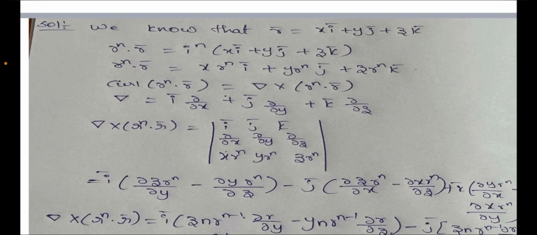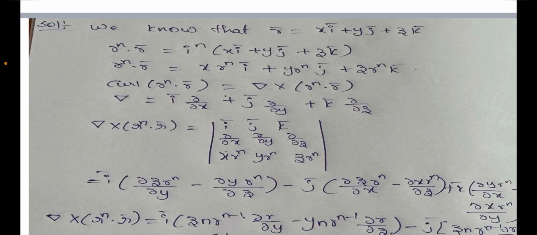That implies r power n r bar equals r power n into (x i bar plus y j bar plus z k bar). That implies r power n r bar equals x r power n i bar plus y r power n j bar plus z r power n k bar.